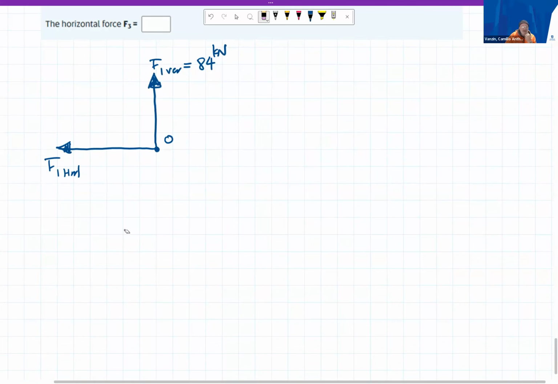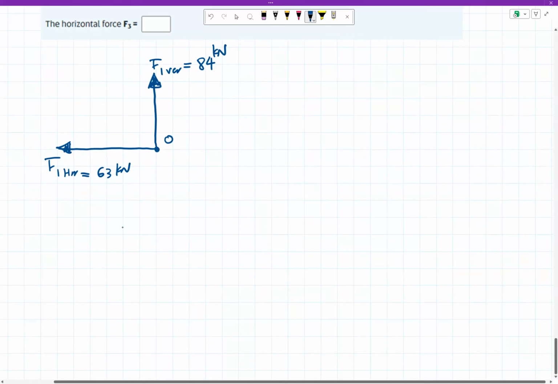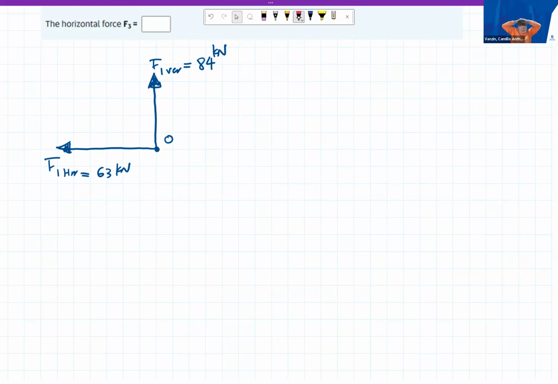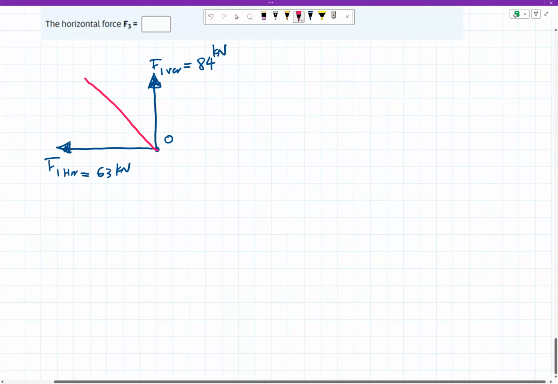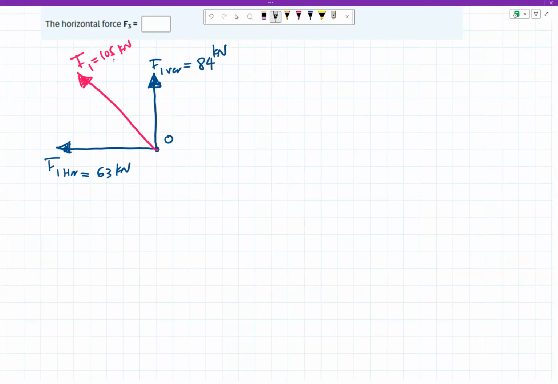We don't use the minus here because now we have the direction, so there is no need for the negative. This is our actual force, F1 equal to 105 kilonewton. Actually, we don't need this one here, because we already have the vertical and horizontal components. We got it.